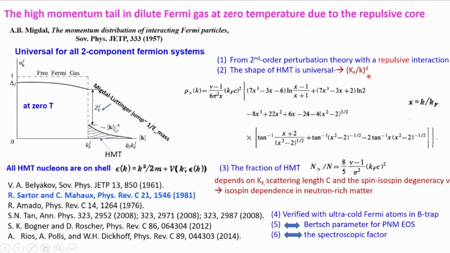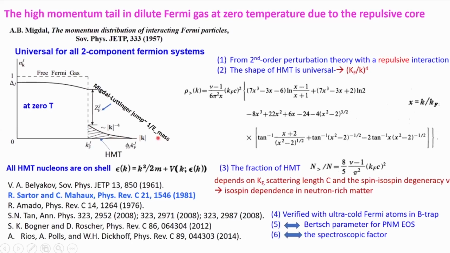Okay, and the total fraction of particles populating the high momentum tail here is related to the scattering length of two particles, two fermions in the system. But anyhow, this is a picture at zero temperature. What it's showing you is that if you consider interactions among fermions, the momentum distribution is not a step function. Inside, you have a depletion of the Fermi sea here, and then you have a population above the Fermi surface.